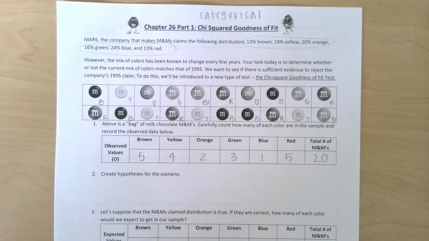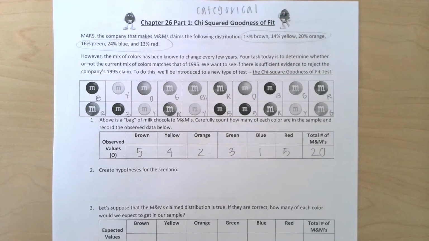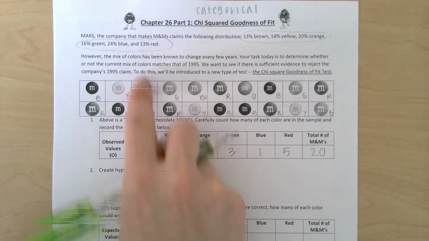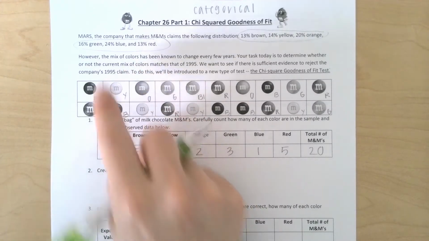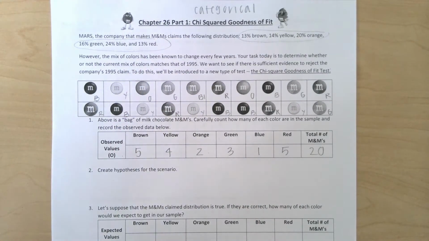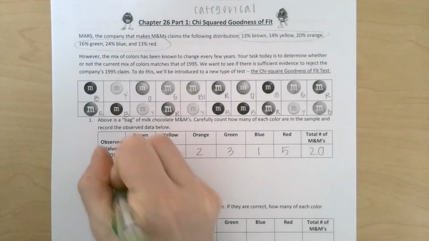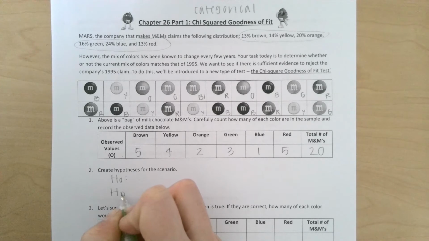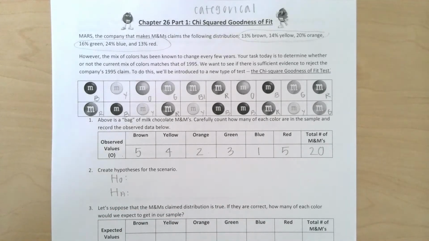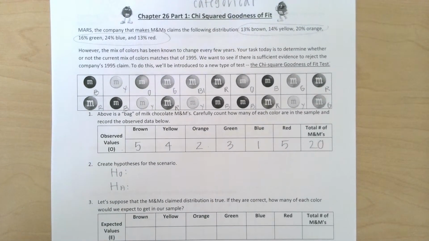Okay, now I know that we're trying to prove whether or not their claim in 1995 was accurate. We're trying to see if this current mix of colors matches. So what we're going to do is quickly create some hypotheses here. I'm still going to have 2 hypotheses, my null hypothesis and my alternative. And a good assumption, or something that we always want to start off with thinking, is that their claim is correct.